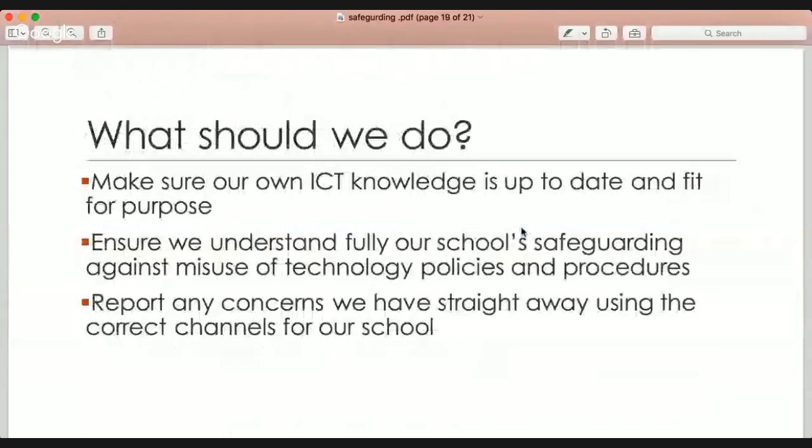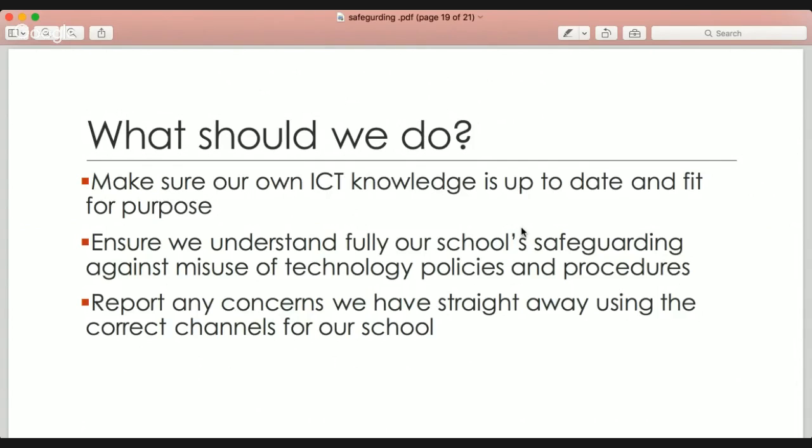Now, this is key, what we should do. It is our responsibility. We are in loco parentis when these young people are in our schools. So it is not good enough to say that we don't need to have up-to-date ICT knowledge. I'm sorry, but we do. All of us who are working in schools must make sure that our own ICT knowledge is up to date and fit for purpose.